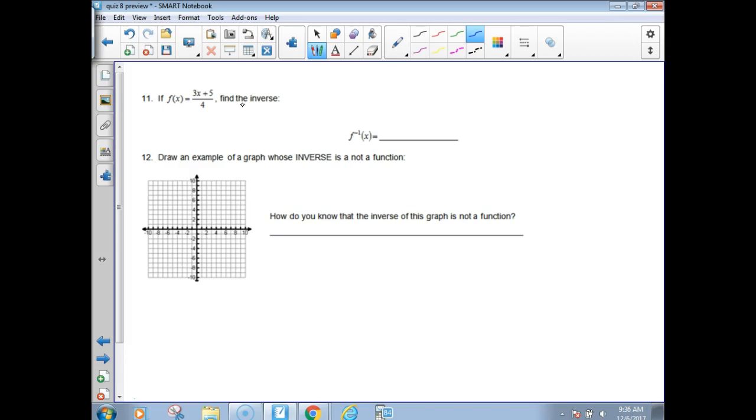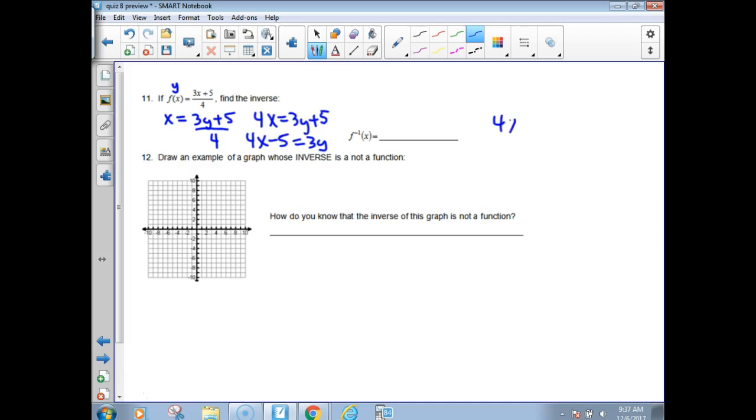Number 11 says find the inverse. The first step for finding an inverse is f of x is like your y, is to switch x and y. Next, I solve for y, multiply by 4. Subtract 5. And divide by 3.